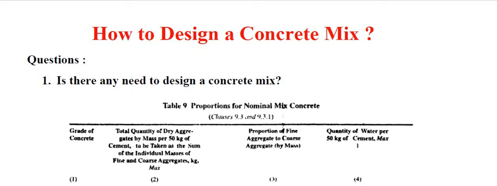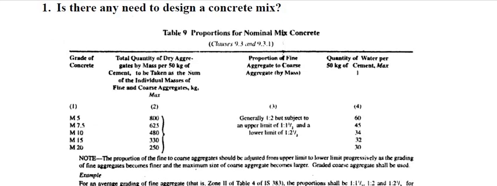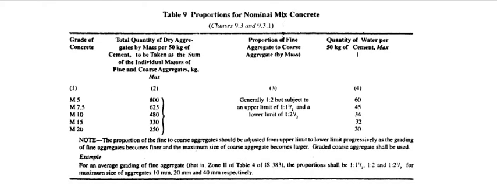Why I am raising this question is that there is Table 9 in our IS 456 codebook, which provides proportions for M5 to M20 grades of concrete. Nowadays we are using higher grades of concrete, and we are using materials which may differ from the standard material used to derive these proportions.